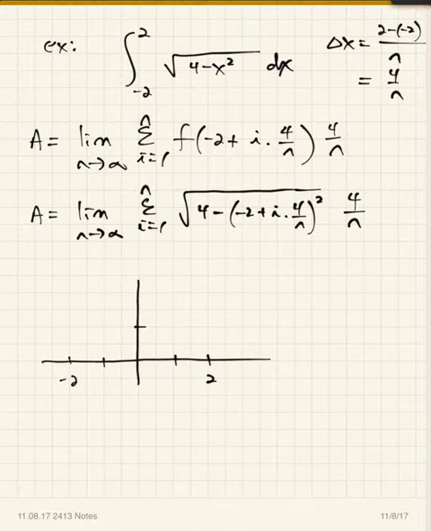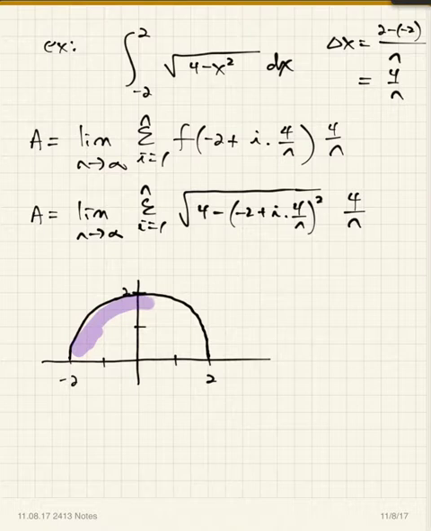This 2 isn't where it should be. There you go, there's 2 right there. So now this region in this case is this semicircle. And so we can calculate the area as a nice geometric figure here.